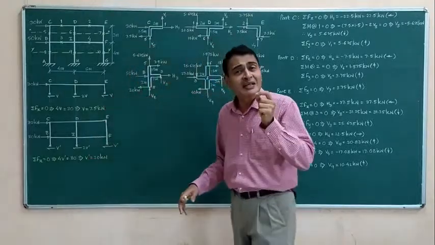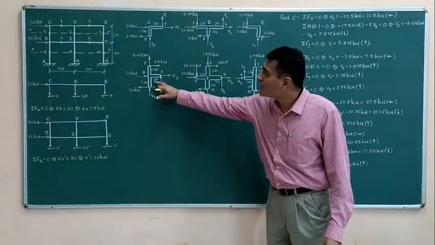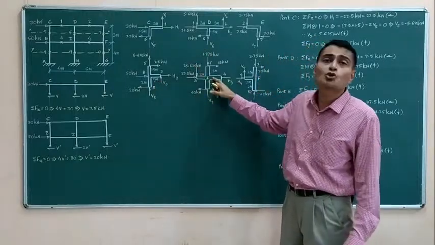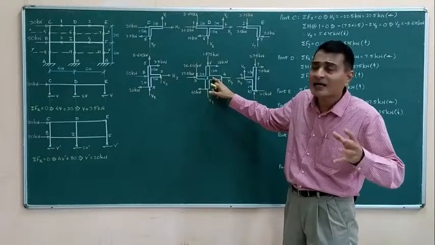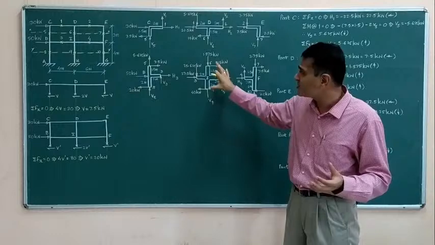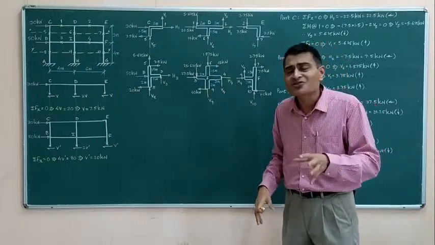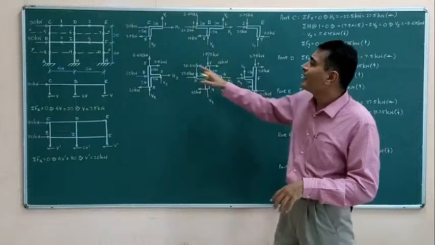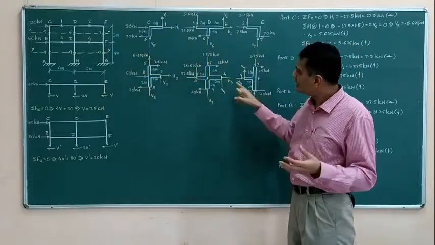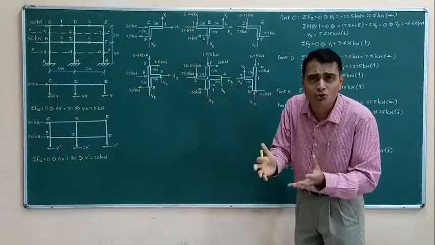So, just one trick or hint I want to give here: after drawing the FBD for joint B, naturally you may decide to draw the FBD for joint I, but on reflection you realize that this is not a simple task. So why worry about a complex system? You better go ahead and develop the FBD of part F. Anyway, here also you are getting 3 unknowns in 3 equations, but a lot of forces.